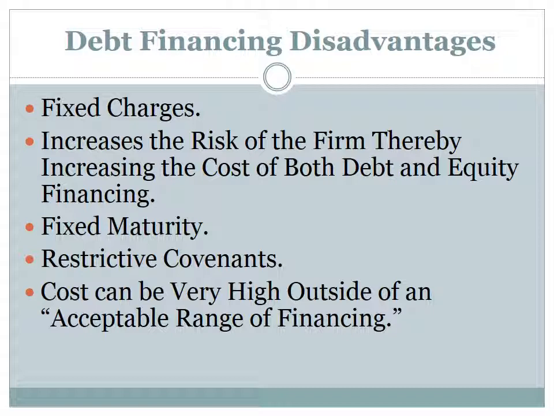And if a firm fails to make those fixed charges, if they fail to pay that interest, then the bondholders can force the firm into bankruptcy. So that's something that firms certainly have to consider when they're determining how much debt they want to take out. You want to definitely make sure that you can cover those interest charges very easily.